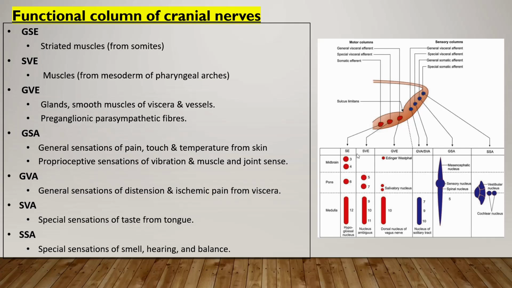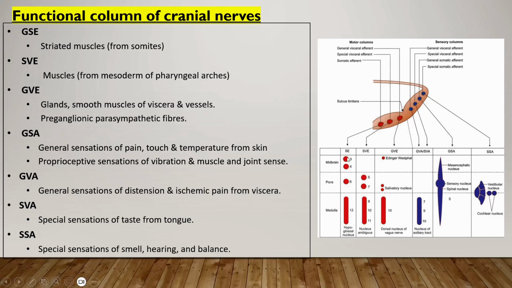Okay, so now if we see general somatic efferent, which functional column is going to supply the muscles arising from the somites? So you can see the extraocular muscles and the muscles of the tongue, they are arising from the occipital somites.